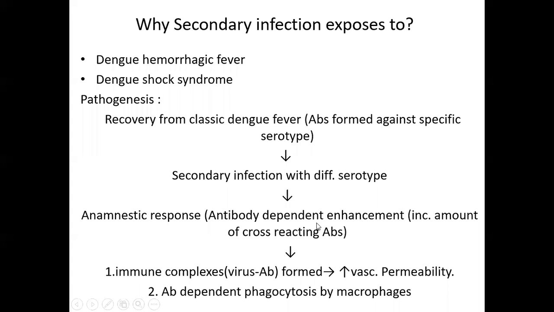Antibodies are produced and they cross react and settle down into the microvasculature and cause increased permeability of these vessels, leading to transudation into different cavities such as the pleural cavity, leading to ascites or pleural effusion that will lead to dengue shock syndrome.